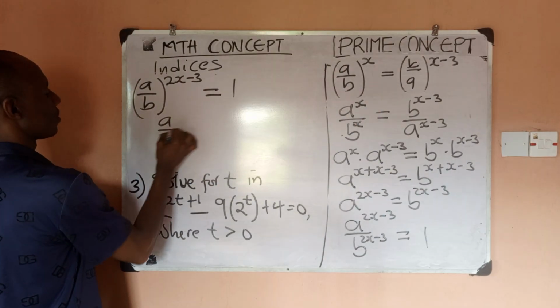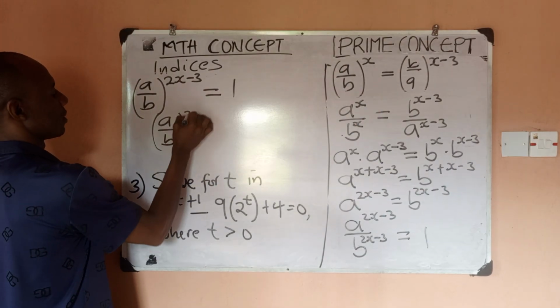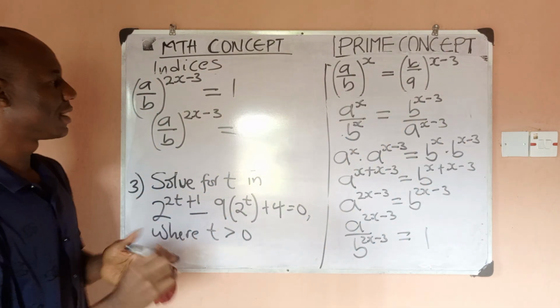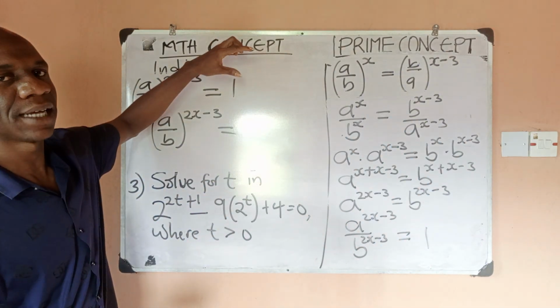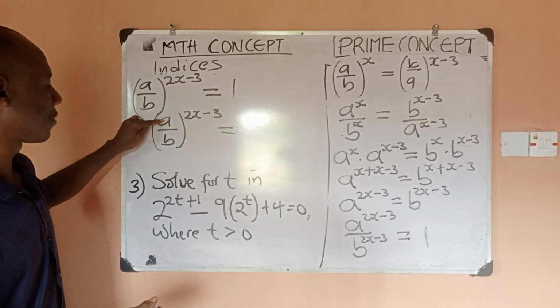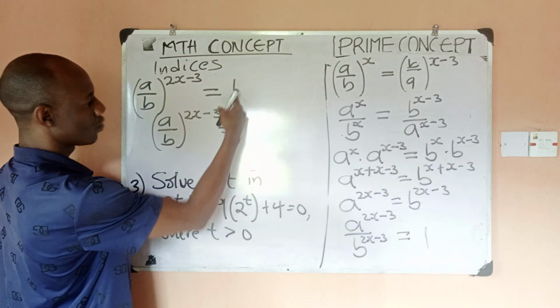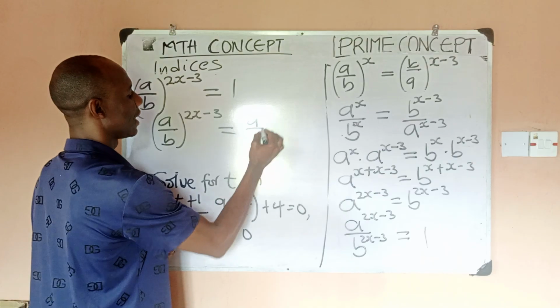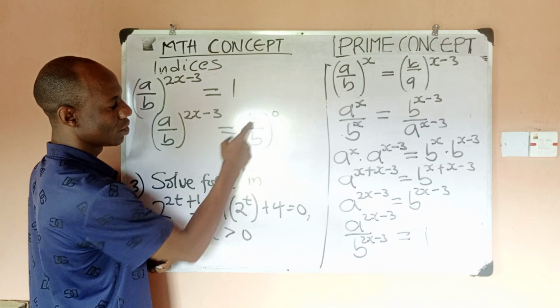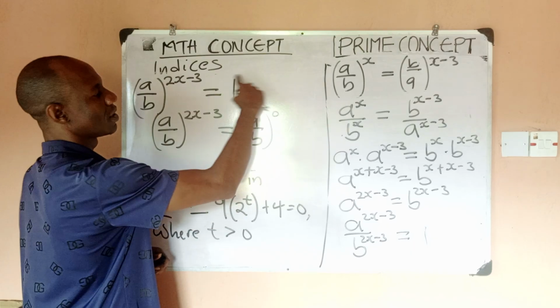Then I have a over b to power 2x minus 3 equal to, from what we have learned in indices, any number can be written to power 0 to give us 1. So since I have a base of a over b, instead of writing 1 here, I can write a over b raised to power 0, so that a over b to power 0 will still give us 1.